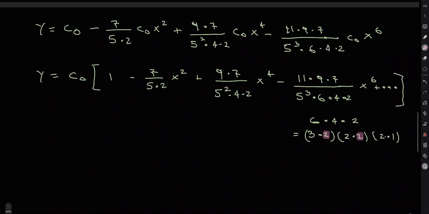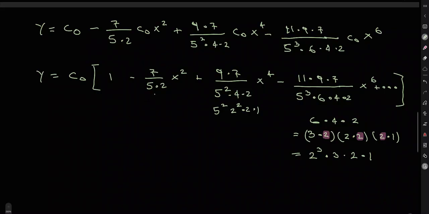These two, and this 2. Let me write that as a 2 cubed, and then that's going to be a 3 times 2 times 1. And that's also the same for this, 5 squared times 2 squared times 2 times 1.